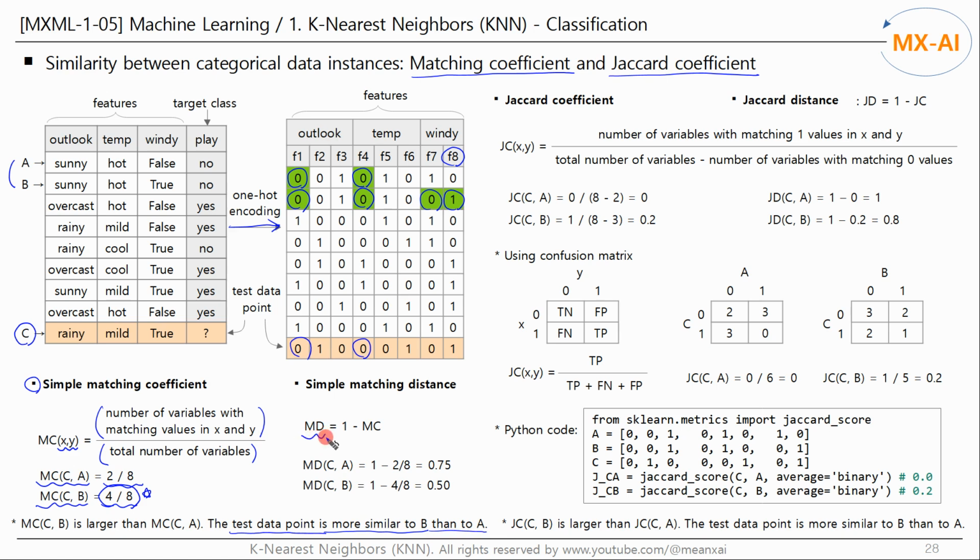The matching distance is defined as 1 minus the matching coefficient. The distance between C and B is smaller than the distance between C and A. Therefore, this test data point is closer to B than to A. The matching coefficient has a problem in that it considers zero values as similar.